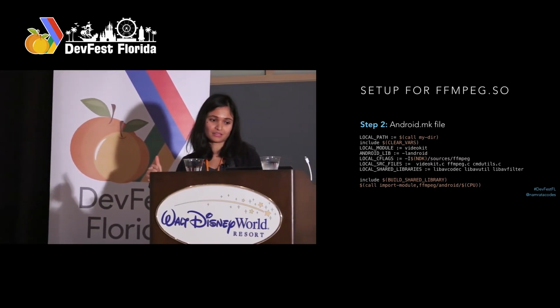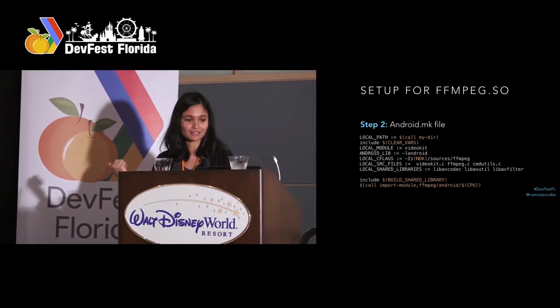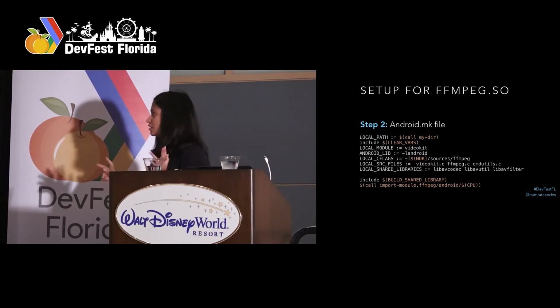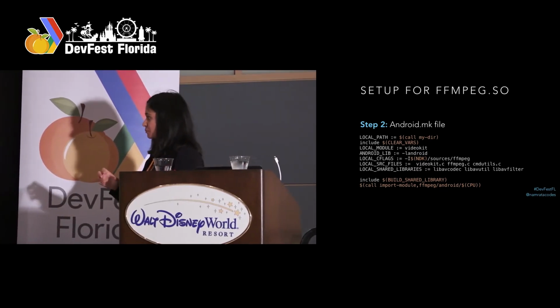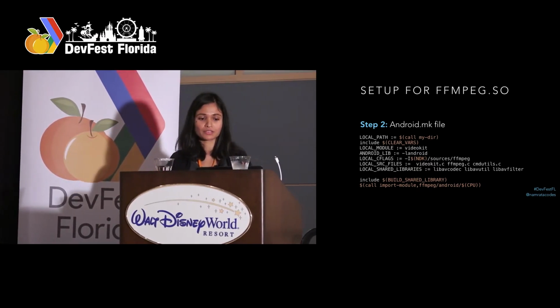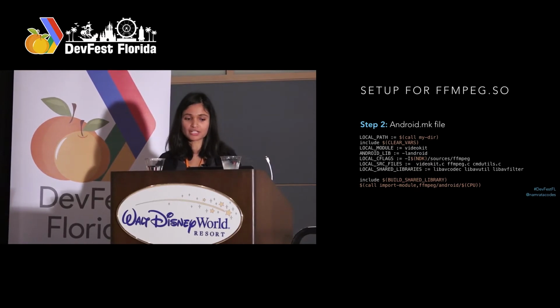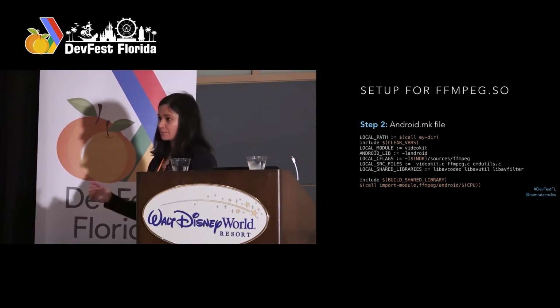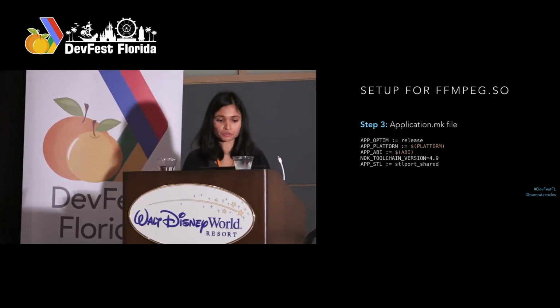And the name of my module is video kit. I'm also defining what source files I want to compile into this module with the local source files variable. And then the local shared libraries variable defines the libraries that this module depends on, so the compiler knows.